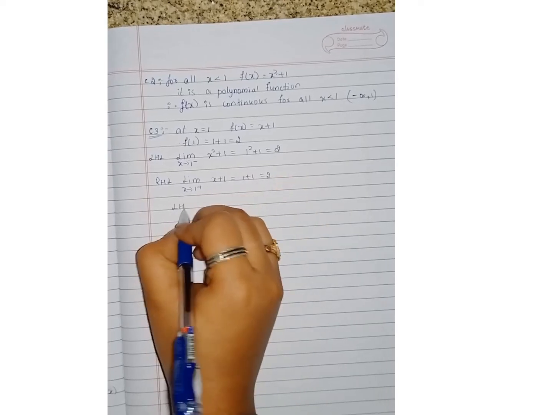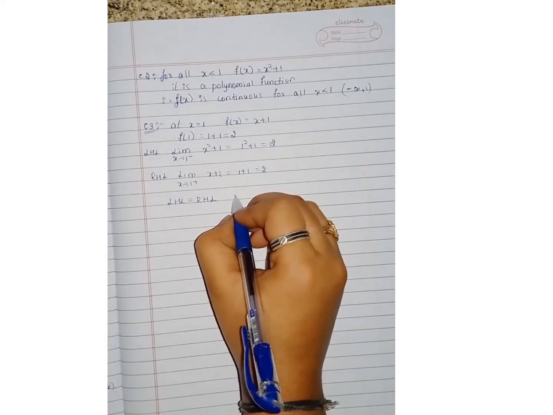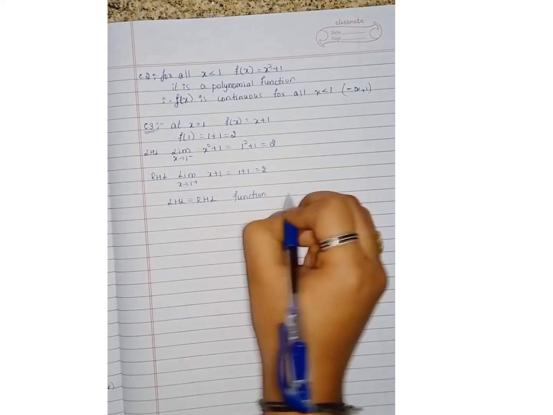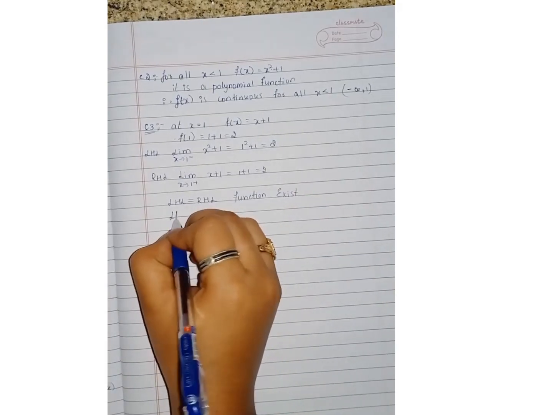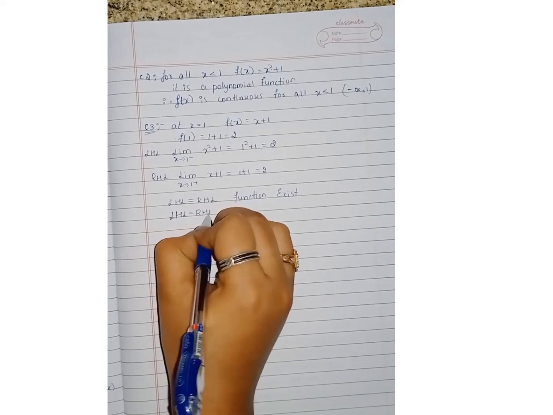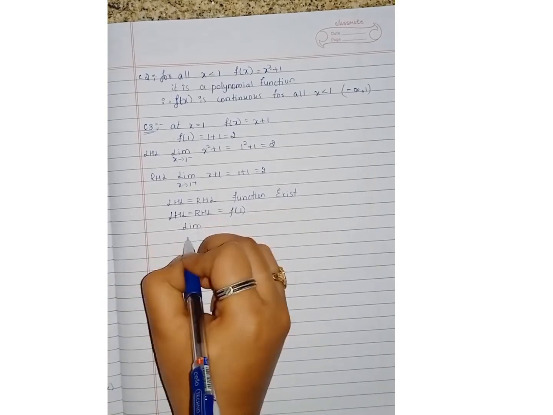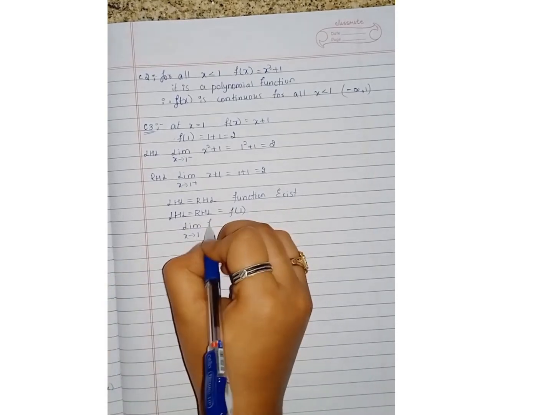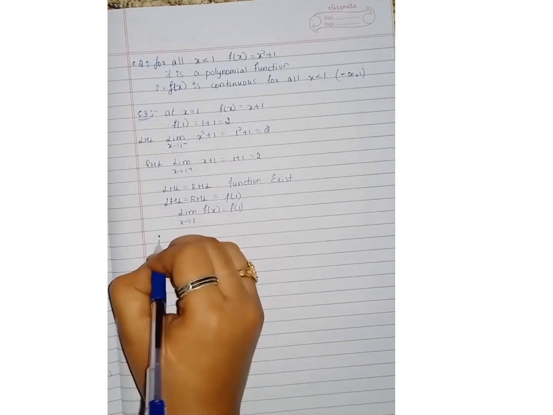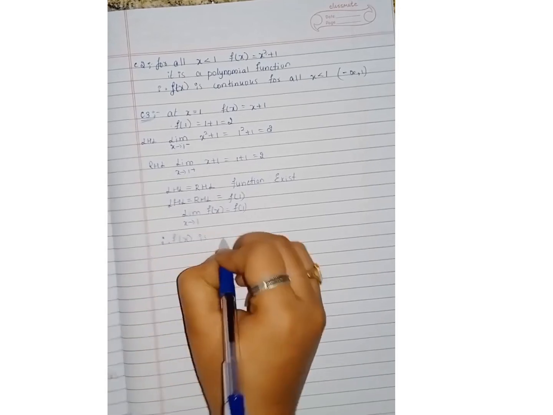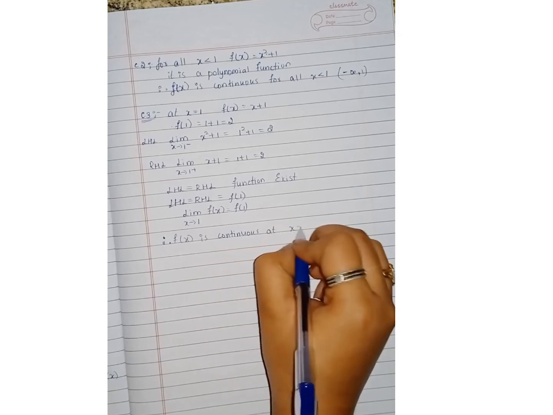We can clearly see that the right hand limit is equal to the left hand limit. The limit exists and is well defined. And the right hand limit equals the left hand limit, which equals f of 1. We can write limit x tending to 1 of f of x is equal to f of 1. Therefore f of x is continuous at x is equal to 1.